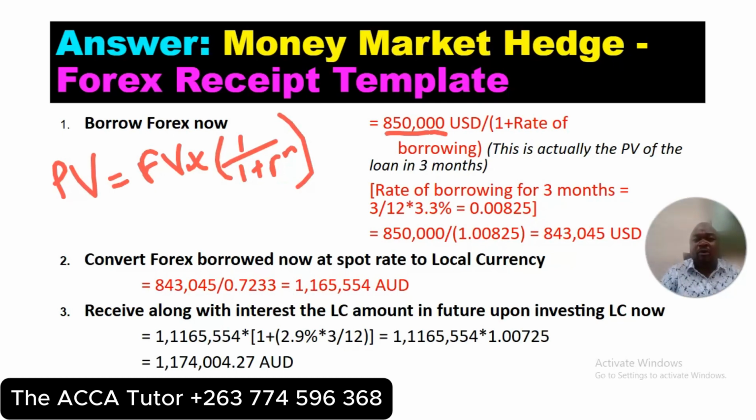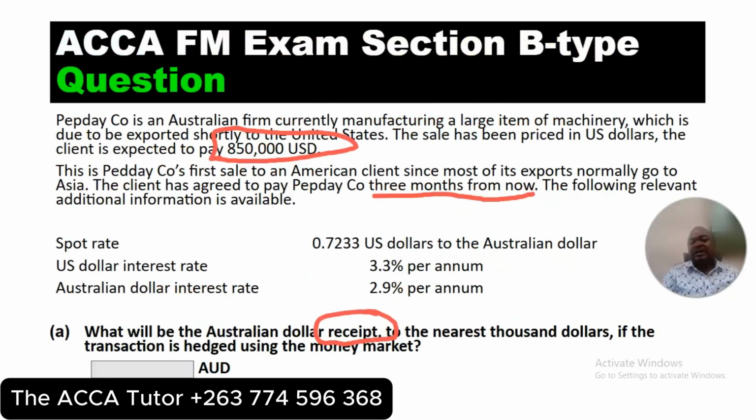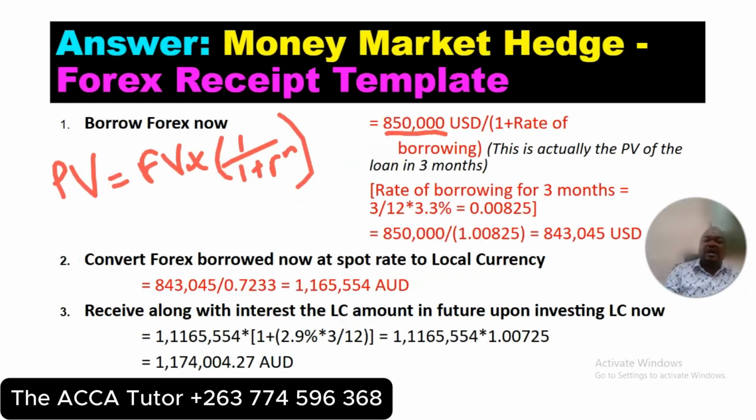The rate of borrowing USD, because do not pick the rate of borrowing for Australian dollars when you want to borrow USD. You have to pick the rate that is like and like, the rate for the relevant currency. So in this case, we have to pick the USD rate, the 3.3 per annum.